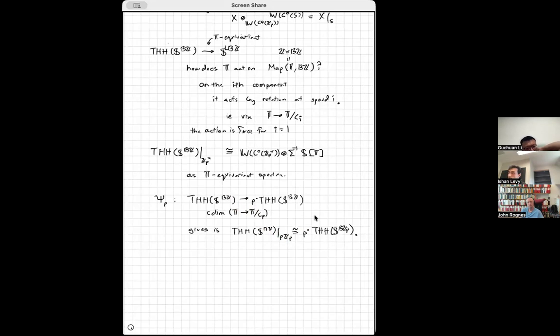And so what you learn is that this pZ_p is exactly the complement of this Z_p cross. Because we know what THH looks like on Z_p cross, we can rescale the action and figure out what happens on p^k Z_p cross for each k inductively.